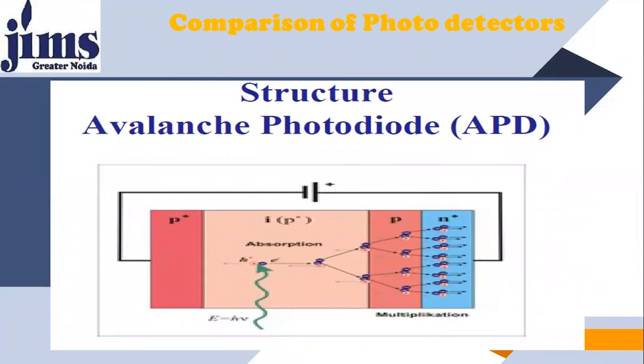Look at the structure of the APD. You can see that one photon creates a free electron, one free electron creates two, two create four, four create eight. So the electrons multiply, as you see in the picture.